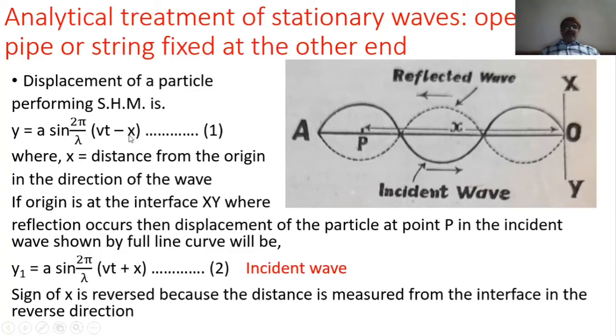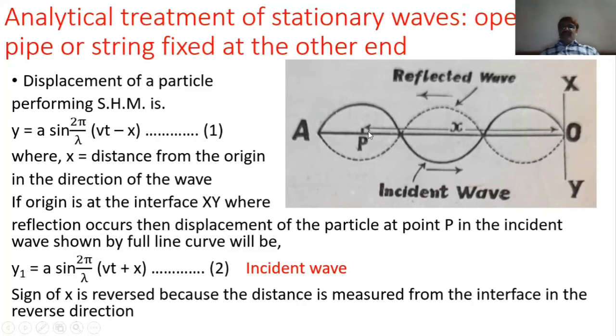Okay. Now important one is here it is a negative sign, and this negative sign clearly indicates that the distance x is measured from the origin in the direction of propagation of the wave. Now here you look at the figure and you will find that this solid wave is the wave that has originated from point A. That is what we call the incident wave in this figure.